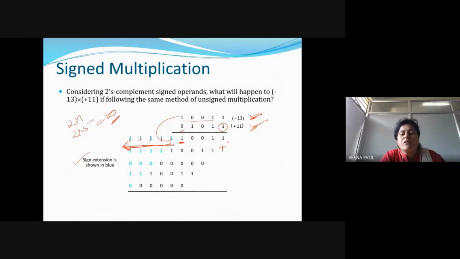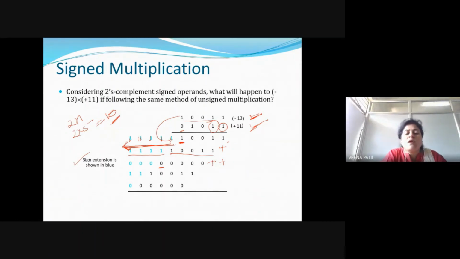Next time also, I check the value of the multiplier. I simply shift it, write the multiplicand, and extend the sign bit so that I can add them to the partial product. The same thing is repeated for all. If you can see here, the MSB bit is 0.